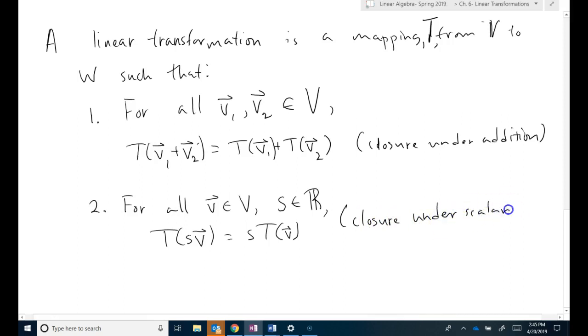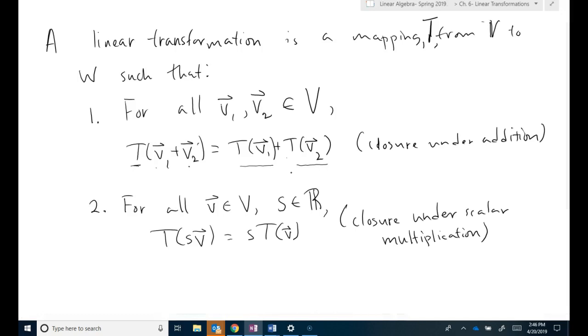It's very similar to what we did with subspaces. Now, the difference here is to notice that if I utilize my transformation on V1 plus V2, it's like using the transformation on V1 and the transformation on V2 first, and then adding after the fact. So it's not the same in terms of belonging to the space.